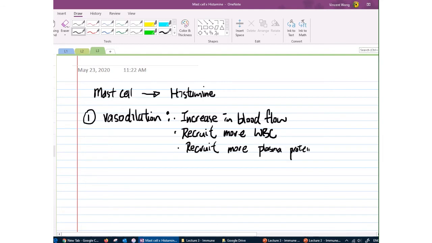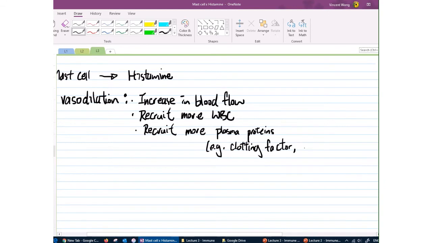You might need to have some clotting factors, right? Since you have a cut, so maybe some prothrombin, maybe some fibrinogen. You are gonna maybe bring some generic antibodies. And there are a few other things that we're going to learn later that is important for the defense.